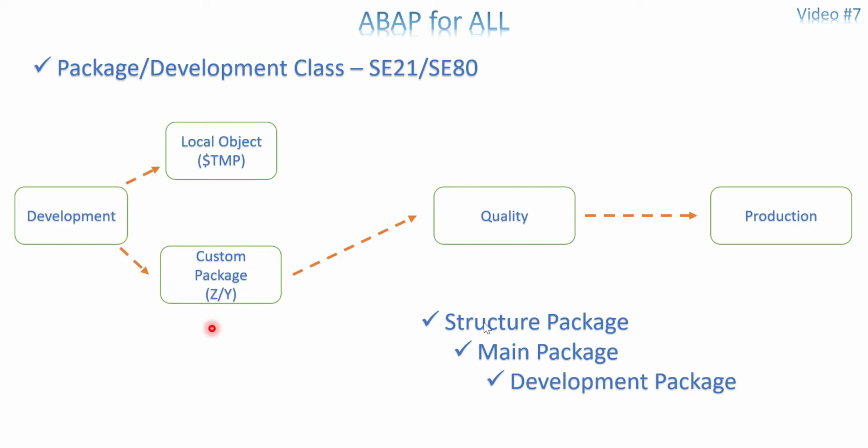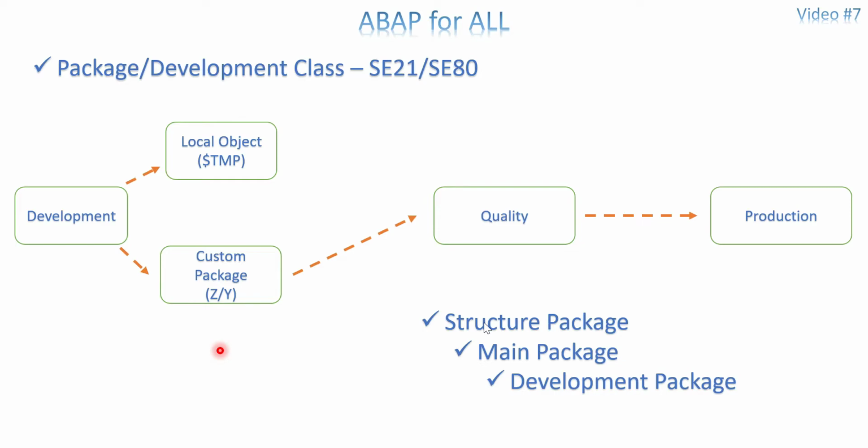You need a custom package, and the package has the hierarchy, structure, main, and developments. Everything we have seen. One additional point: if you want to move any development or custom object, maybe a table, program, function module, class or method, whatever it is, that needs a custom package. Point one. Second, it needs to be associated with a transport request.